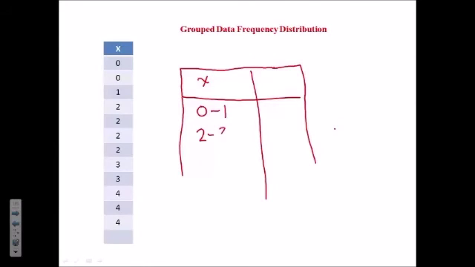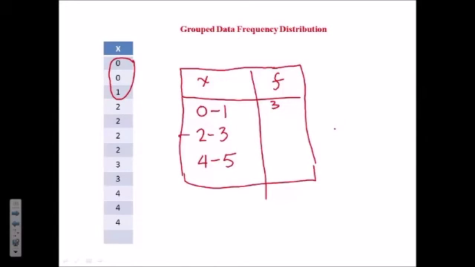All the scores from 2 to 3 form the next group or class, and all the scores from 4 to 5 form the next class or interval or group. And we're going to put the frequency for each group. So when I say the interval from 0 to 1, I mean all the scores between 0 and 1. There are 3 of them. So the frequency of that first class is 3.